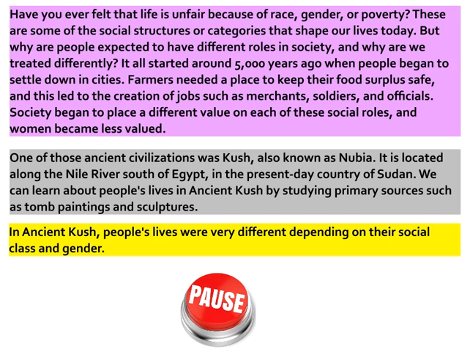Society began to place a different value on each of these social roles, and women became less valued. One of those ancient civilizations was Kush, also known as Nubia. It is located along the Nile River south of Egypt in the present-day country of Sudan. We can learn about people's lives in ancient Kush by studying primary sources, such as tomb paintings and sculptures. In ancient Kush, people's lives were very different depending on their social class and gender.